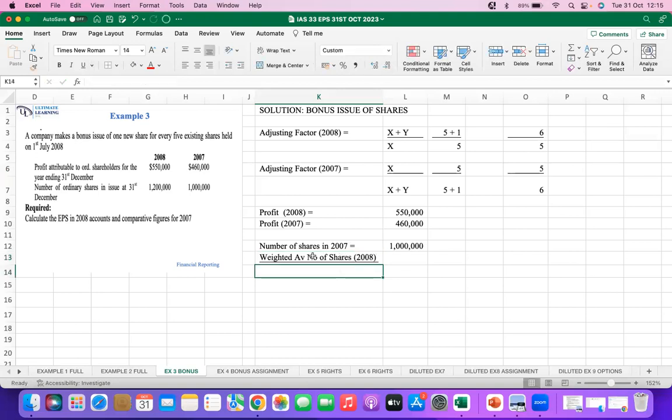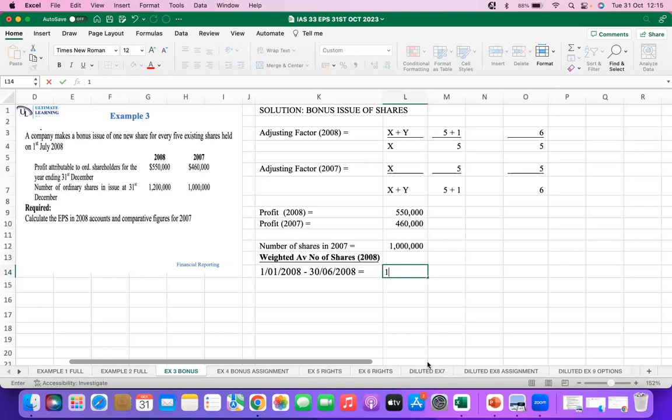Why do we calculate the weighted average once more? We calculate the weighted average because there were bonus shares introduced during the year. So let's list our dates as usual. From 1st January 2008 to 30th June 2008, remember that is the date before the bonus issue, we had 1 million shares.